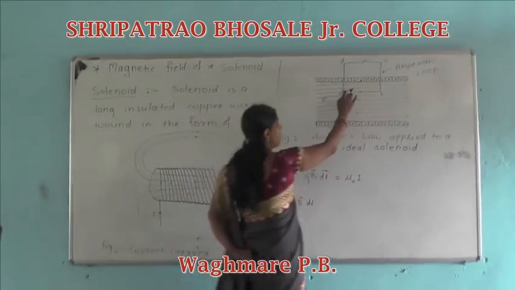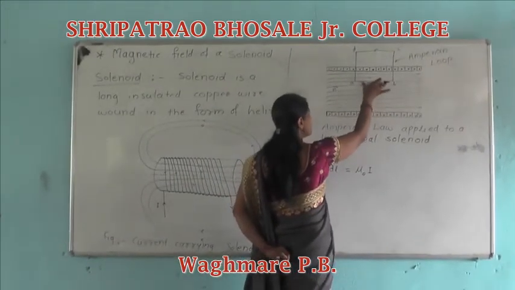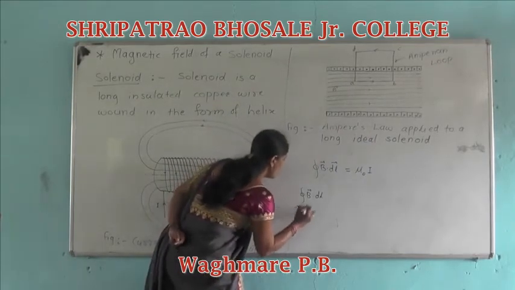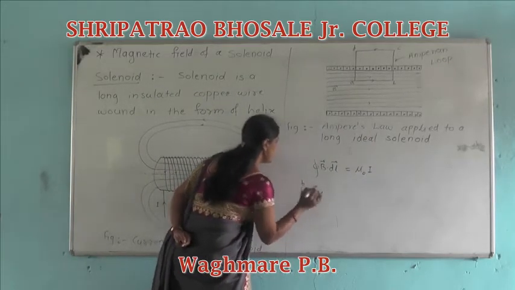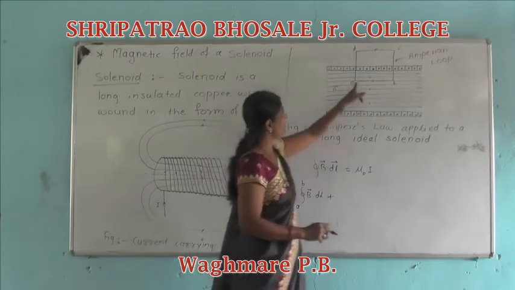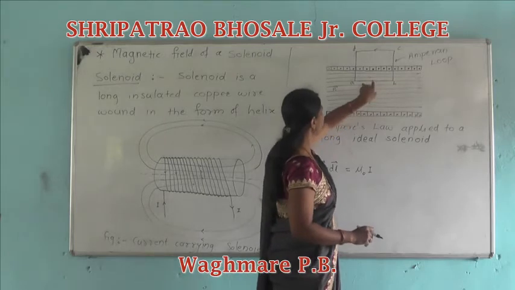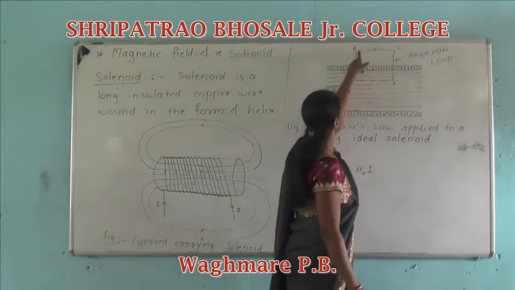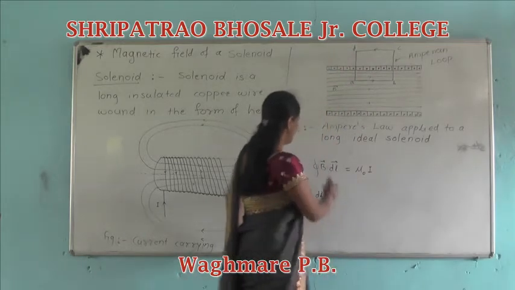We can apply Ampere's law first for this line AB. Therefore, this limit will be A to B, and the total will be the magnetic field on line AB plus BC plus CD plus DA.